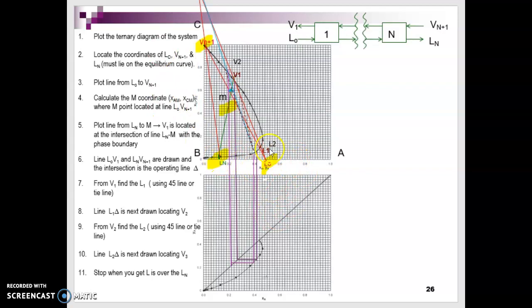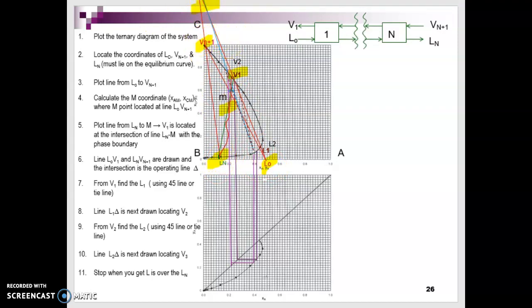After you have these coordinates, M is from the balance, so you need to connect your Ln to M until the phase boundary, and you will get your V1. So this is how you make a reference point. You need to connect L0 V1 and Ln Vn plus 1 to get the reference point.